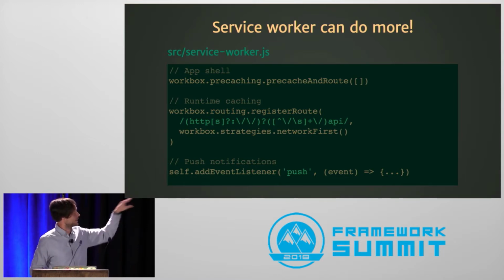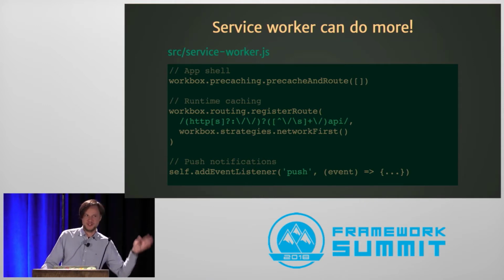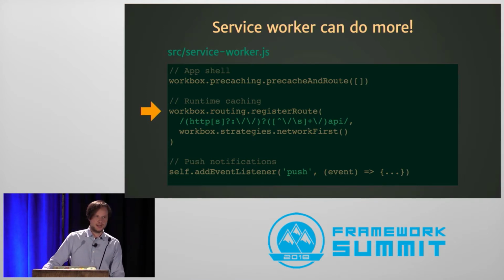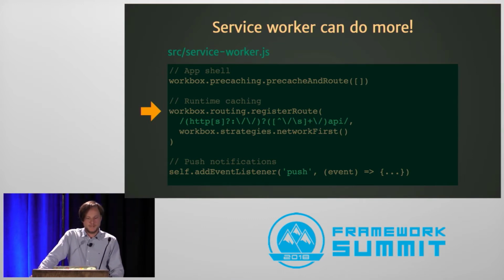And in addition to this magic precacheAndRoute method, which gives us all these application shell features, we can, for example, use the same Workbox library to organize runtime caching. In its simplest form, we provide some URL pattern, API in my example, and strategy, network first in my example.